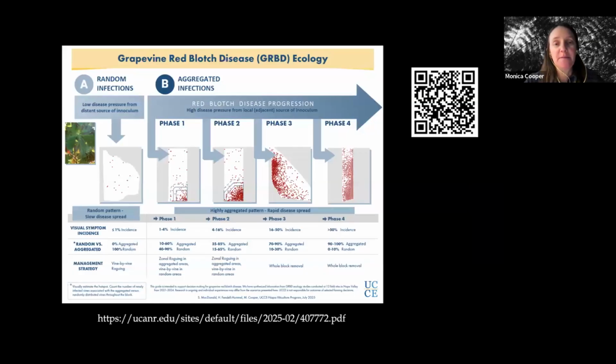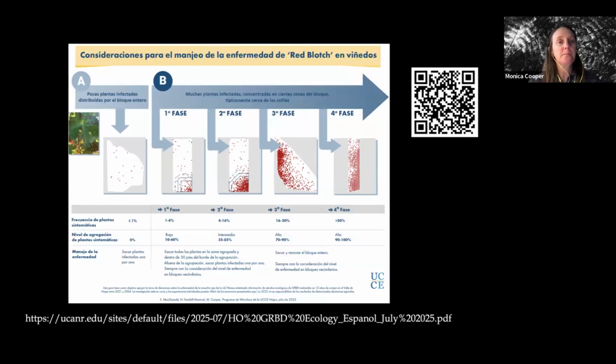And once you have all of this information, of course, there will be decisions that will need to be made about the disease and how you're going to approach management in the block that you've been working in. And so also on the website, you will see that we have handouts that go through the disease ecology and the different management based on the percent incidence of symptoms, and then also whether those symptoms are aggregated or random.